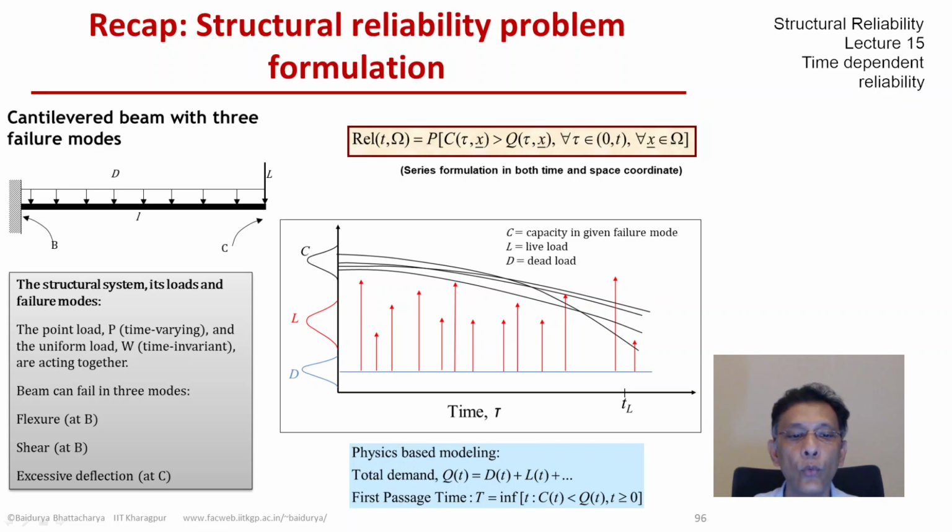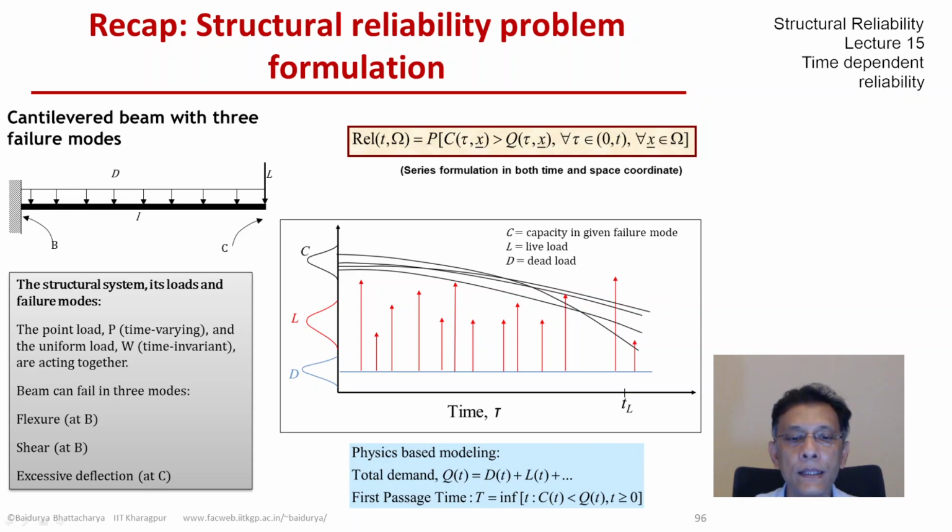And one of the things that would come out of this modeling is the first time that such a failure happens. So the first time that at any critical location, the capacity is less than the demand placed on the structure at that location.